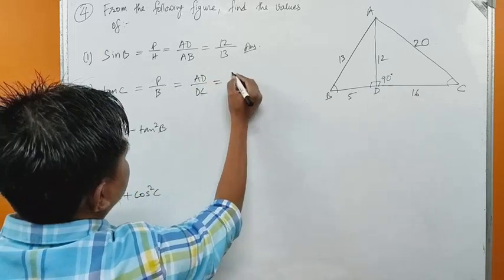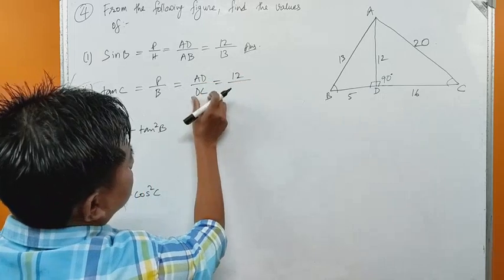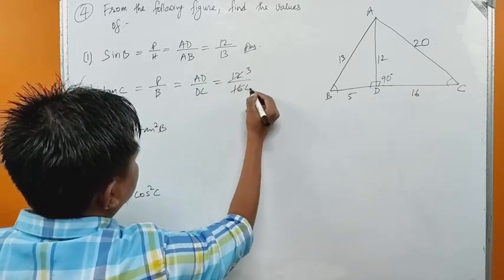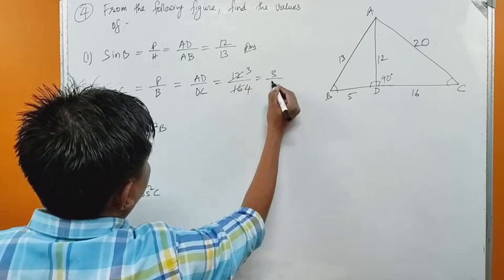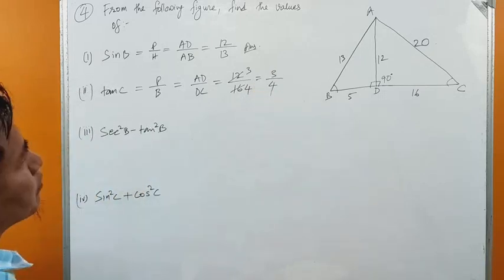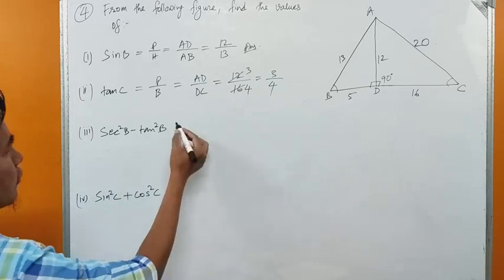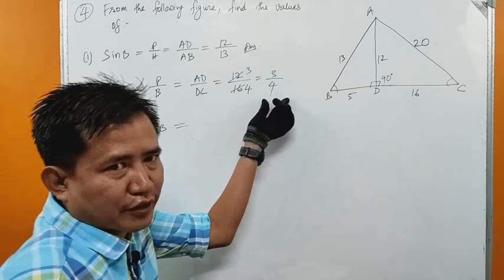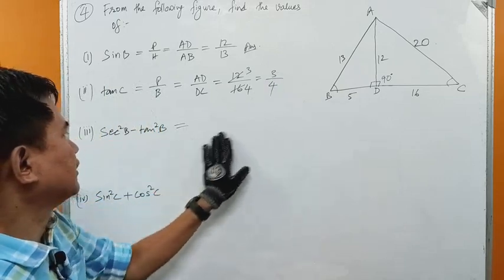AD is 12, DC is 16. 4 3s are 12, 4 4s are 16. So 3 upon 4. This is also a proper fraction, so we don't need to convert it into a mixed fraction, because the denominator is greater than the numerator.